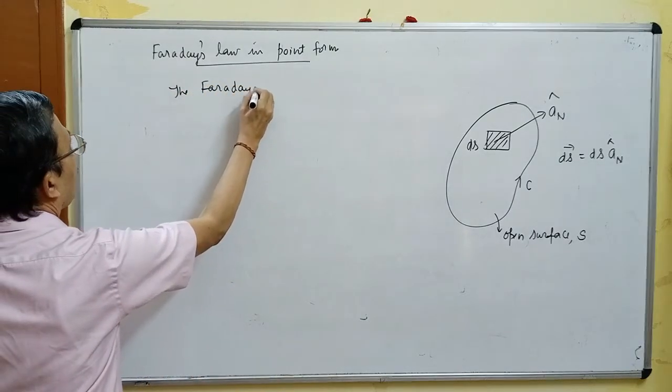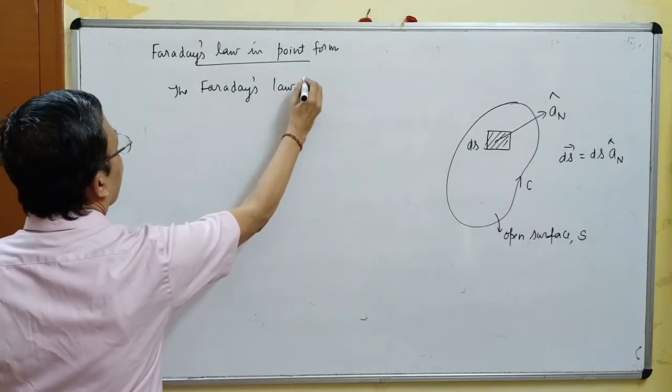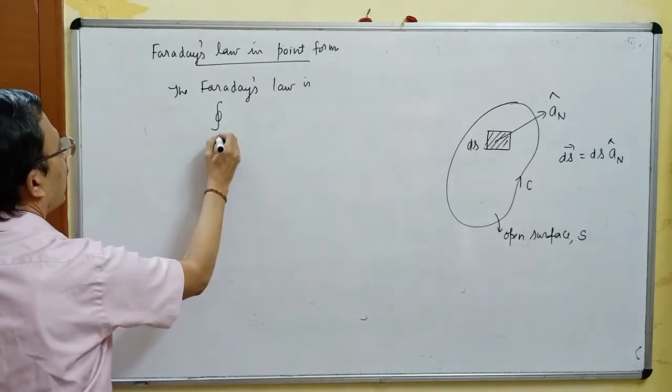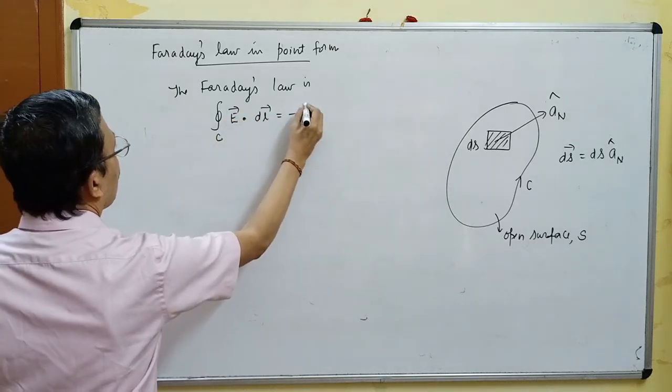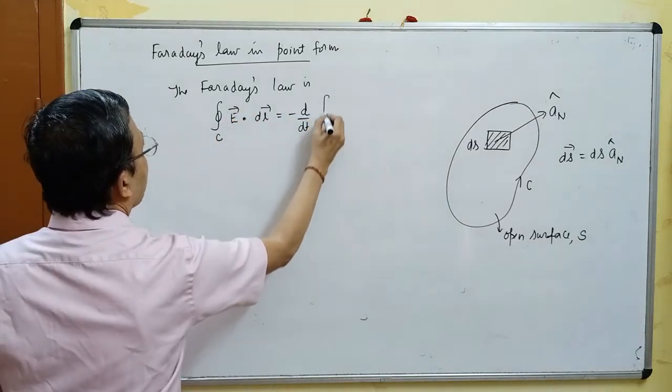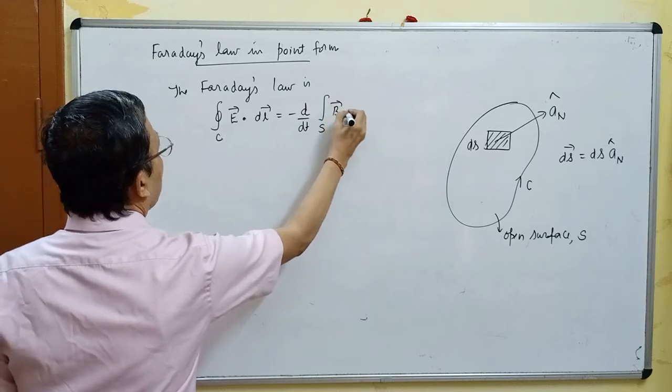Faraday's law is contour integral C vector E dot dl is equal to minus d by dt surface integral vector B dot ds.